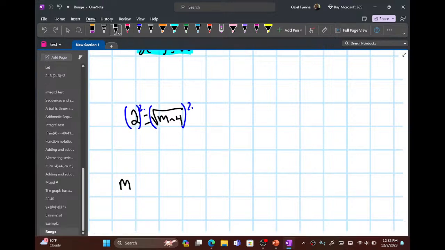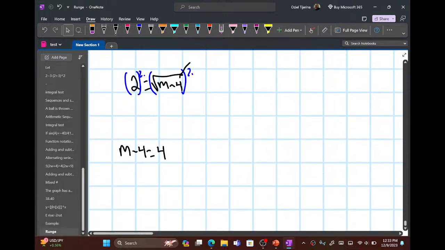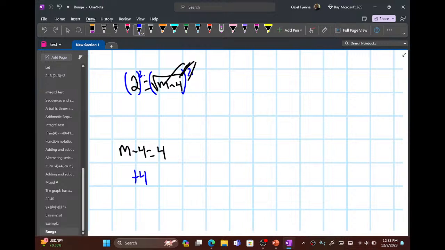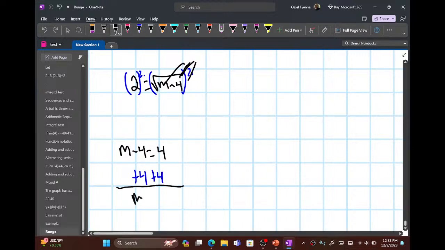So m minus 4 is equal to 4. This undoes the square root, or cancels out that square root. So then to solve for m, we're going to add 4 to both sides. And this is going to give us m equals 8.